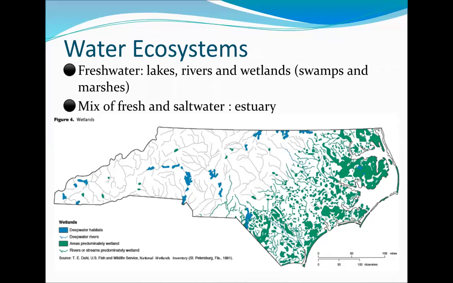So if you were to look down here at this image, okay, the blue shows deep water habitats, which you might not see as much of in the state of North Carolina. And a lot of them are on the western side. And then the green, which you see predominantly on the eastern half, are areas of wetlands, okay? So those can make up big portions, swamps and marshes.